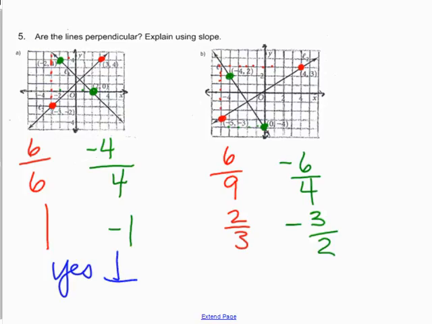Yeah. All right. So these two lines are perpendicular because they are both opposite and reciprocal. We have 2/3, and that's a positive number, and we have a negative 3/2, which is opposite reciprocal. So yes, these are perpendicular lines.